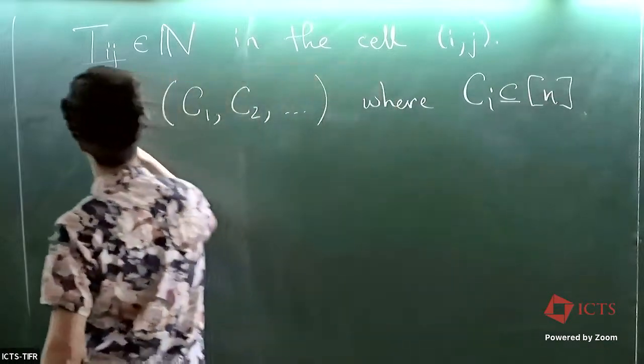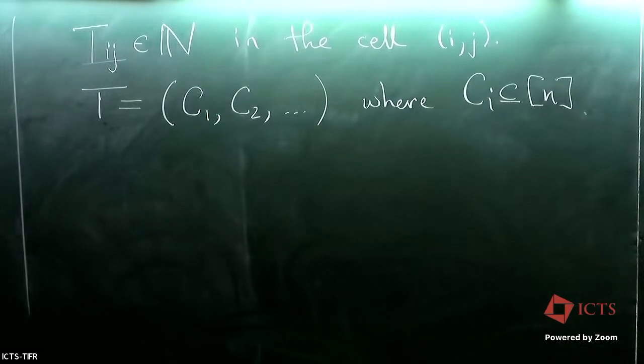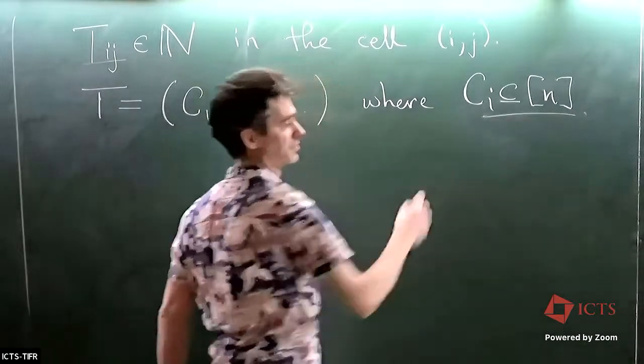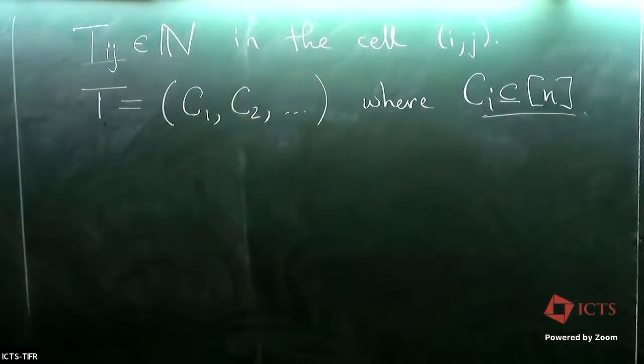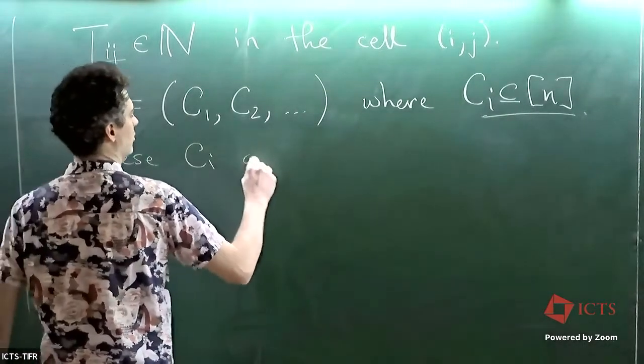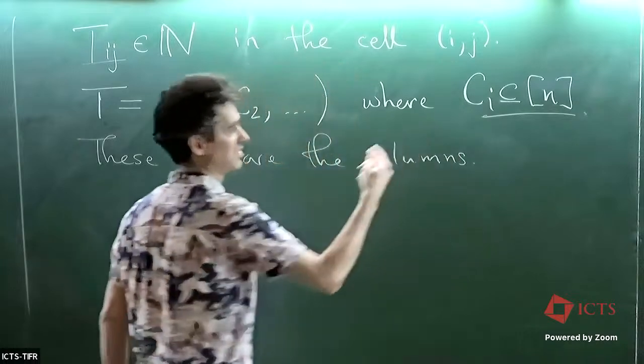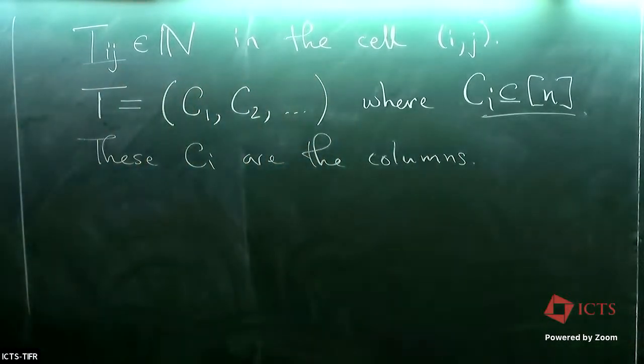Here I'm implicitly assuming that T is a tableau inside of SSYT_n. That way I can say this. These C_i are the columns. So in particular, C sub i is the ith column of the tableau.